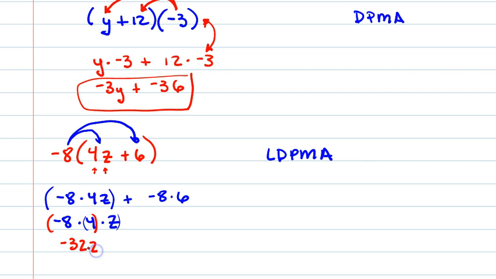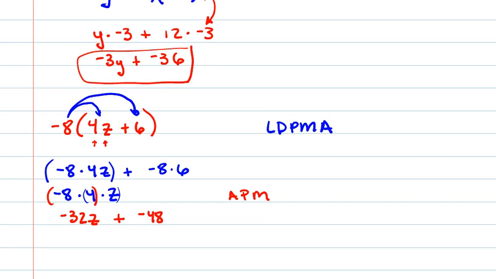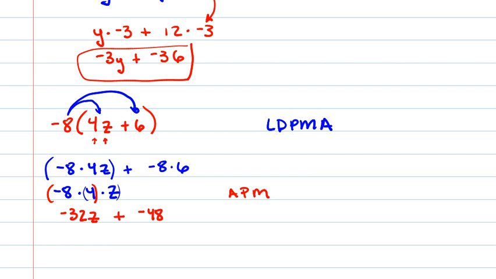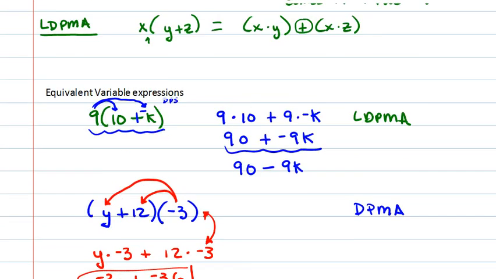It's still times z, plus negative 8 times 6 is negative 48. So here, I used the associative principle for multiplication to do this part. And this is the end of the video on the distributive principle.